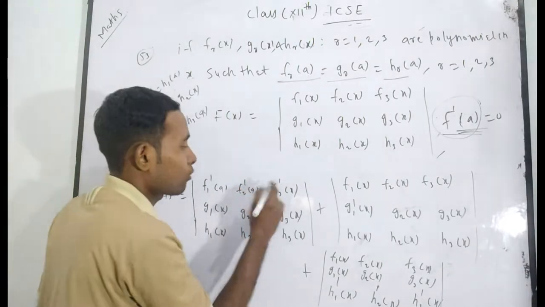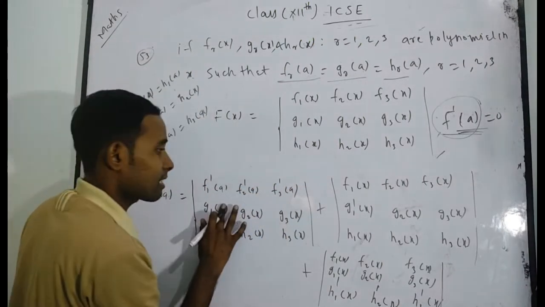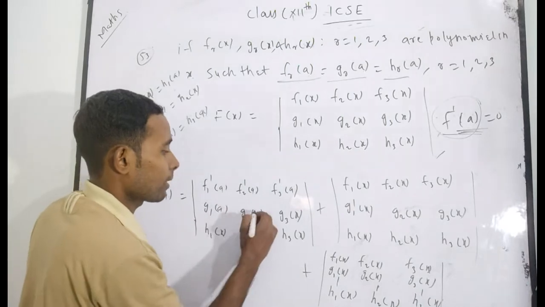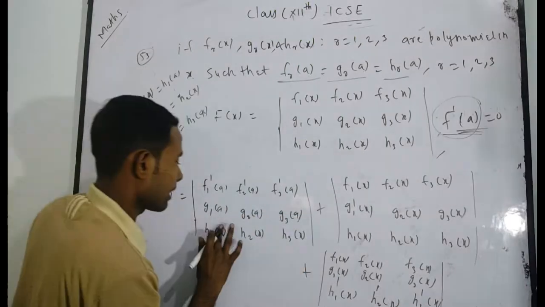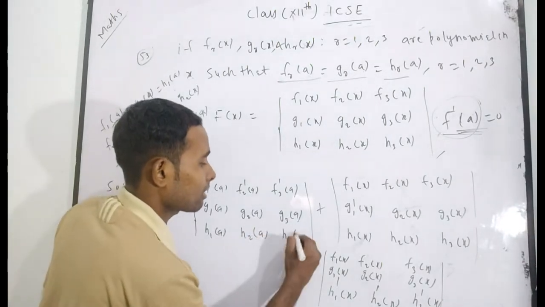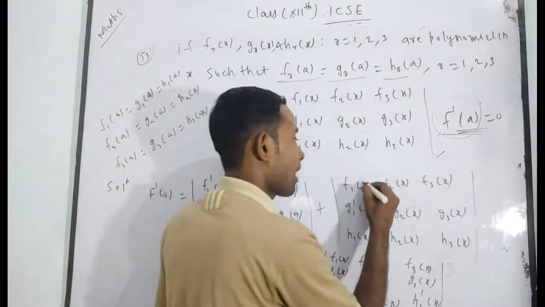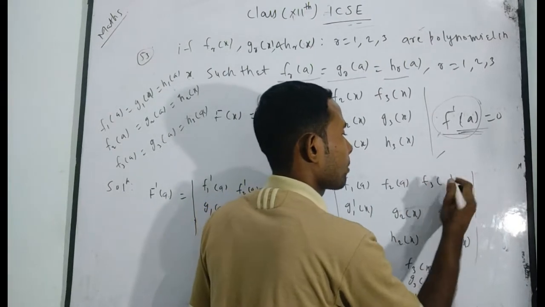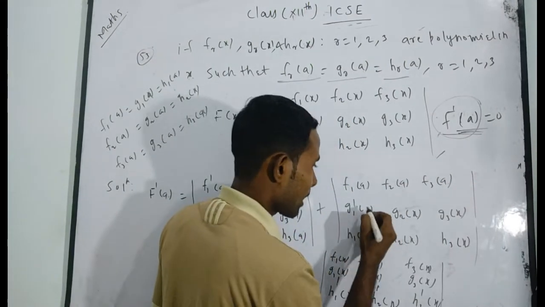Here you will get f2 dash a, here f3 dash a, g1a, g2a, g3a, and there will be h1a, h2a, h3a. Similarly, there will be f1a, f2a, f3a.